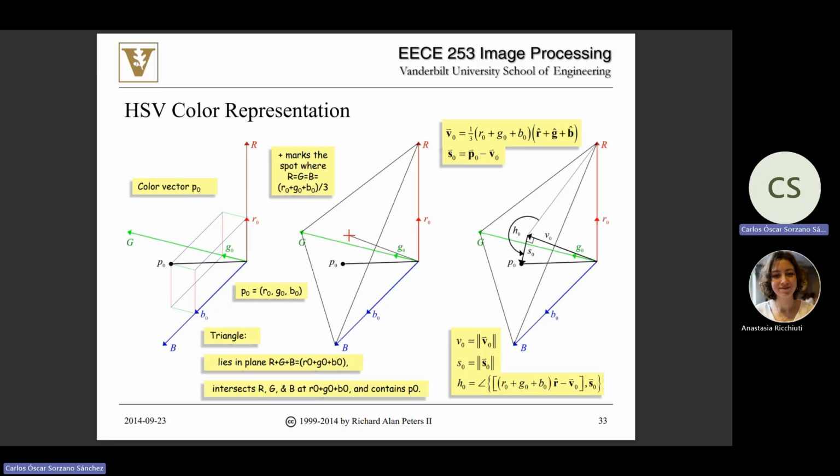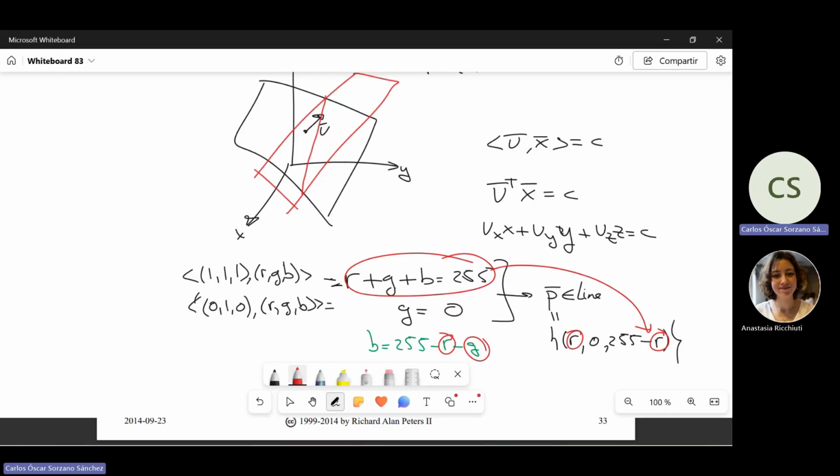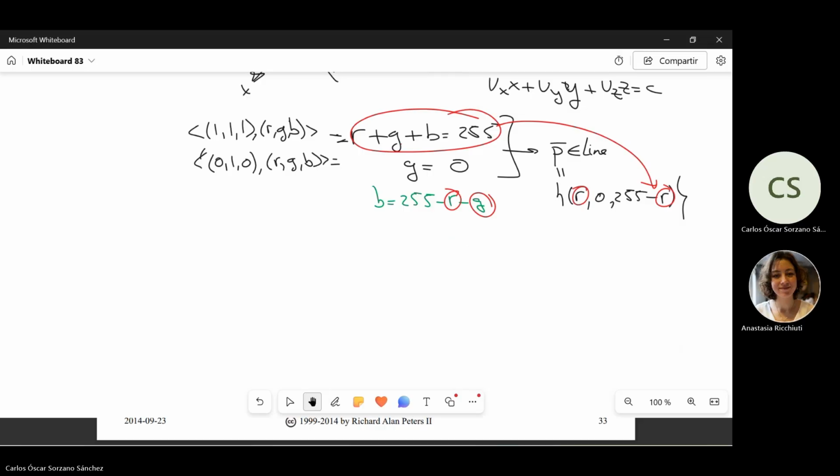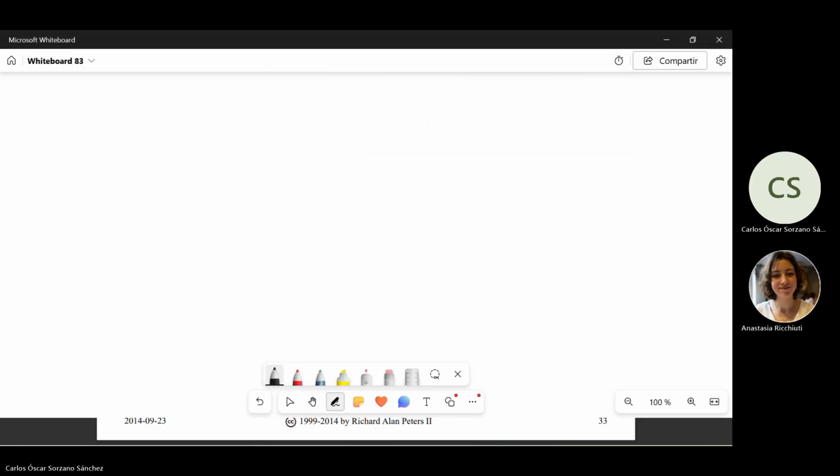But we can have a vector in the diagonal. So you have some value, and value times R, value times G, value times B. As a vector, it has value, value, value, so it is value times 1, 1, 1.